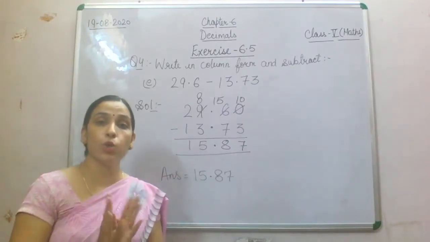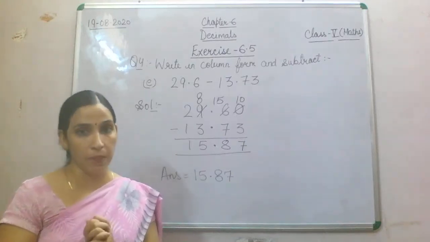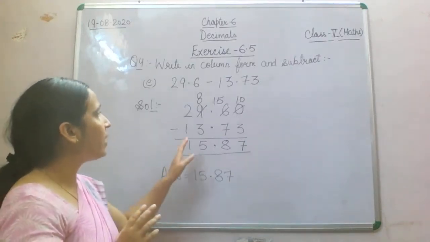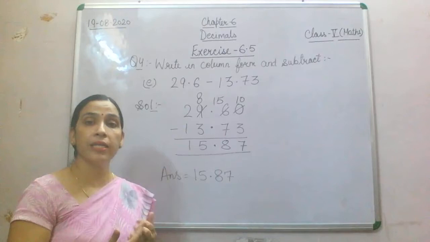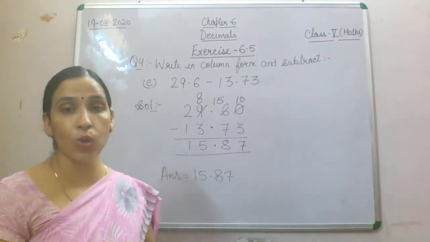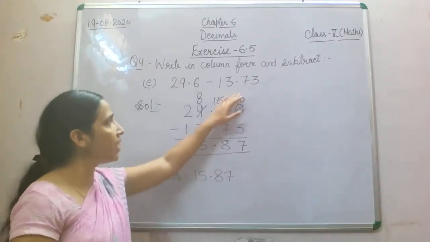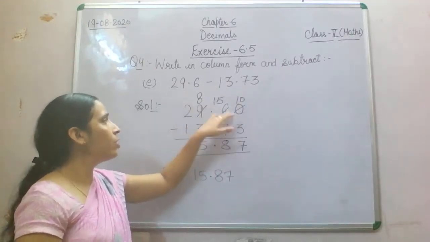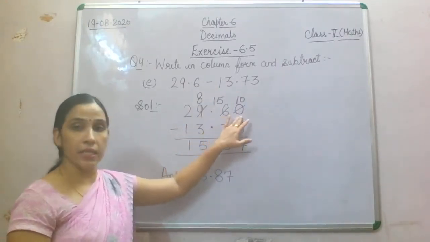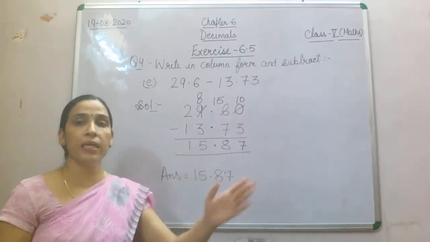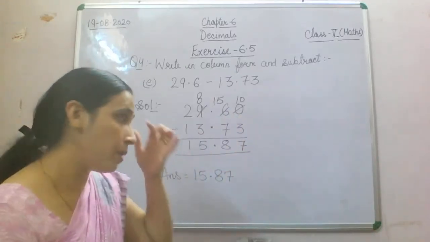Like decimals are those which have the same number of decimal places. Fine. So how will we change it into like decimals? By adding 0 to make equal decimal places. Here we have 2, but here we have 1. So we will add 0 after 6 to make it equal number of decimal places.